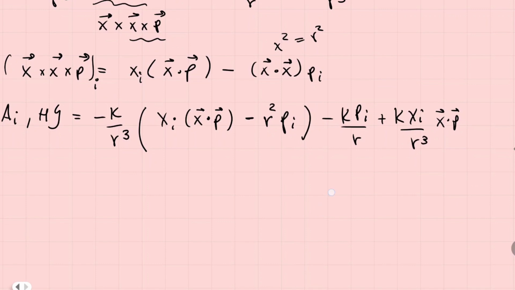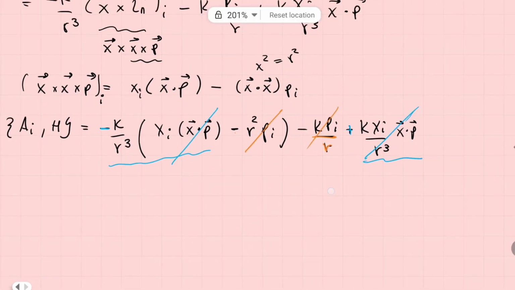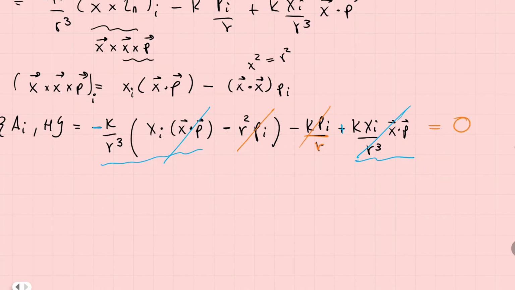It is very easy to notice that this term is actually the same as this term, but with different sign. In this case we have a minus, a plus, so they cancel. And in this case, minus, it is a plus here. R squared can be cancelled with r cubed to get 1 over r, which is what we have here, 1 over r. So this term will be cancelling this term, making this all 0.